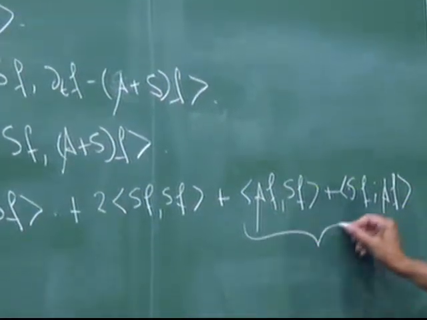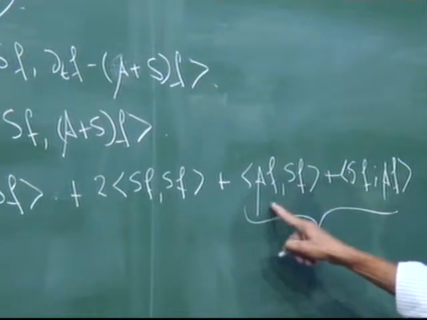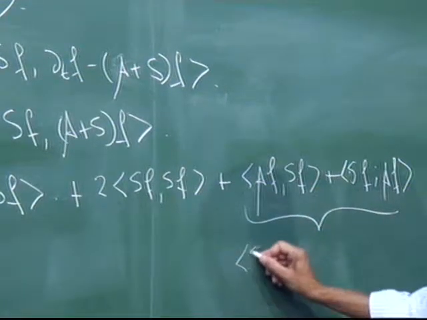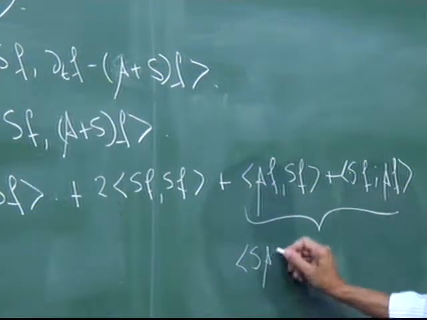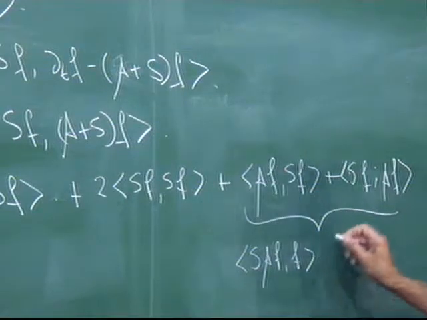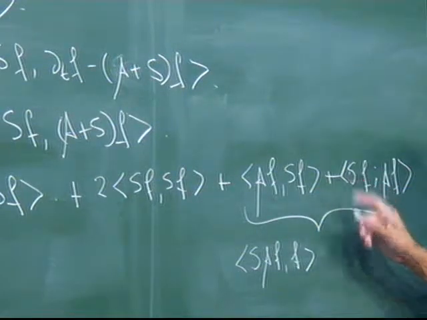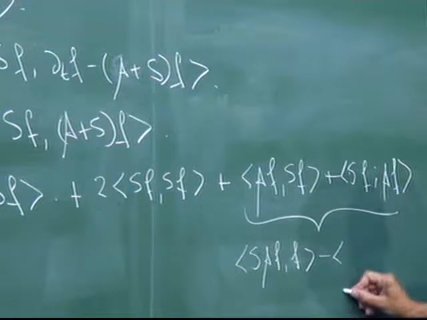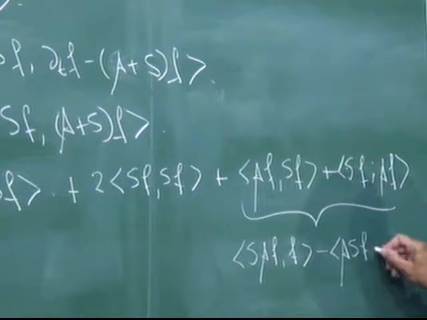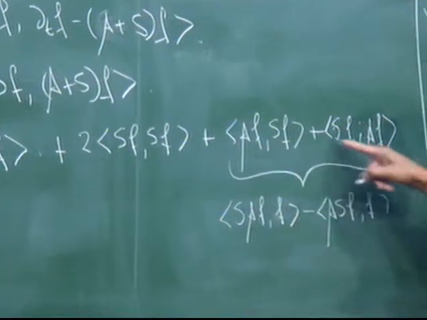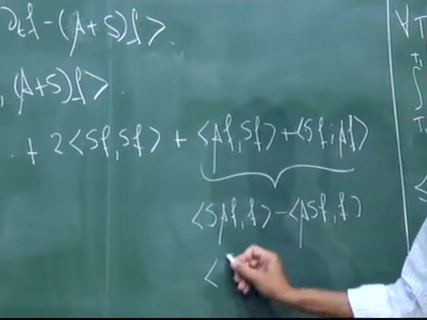What is this? If you pass S to this side, you are symmetric. You have S, A of F, F. And here you pass A to the other side, you are skew symmetric, you're going to have minus. Therefore, these two terms give you the commutator.